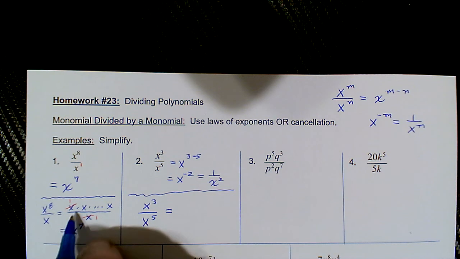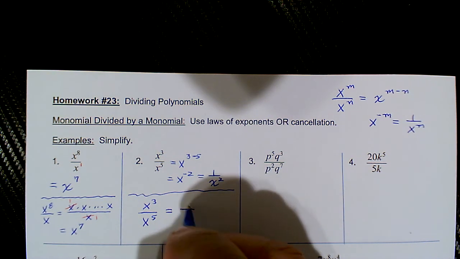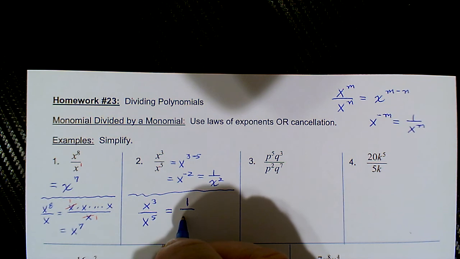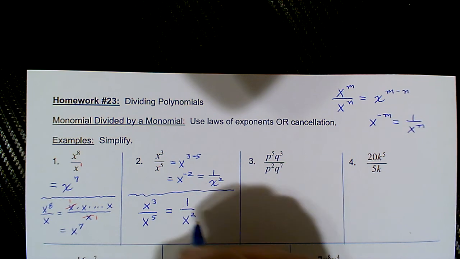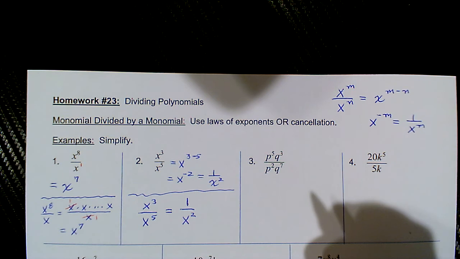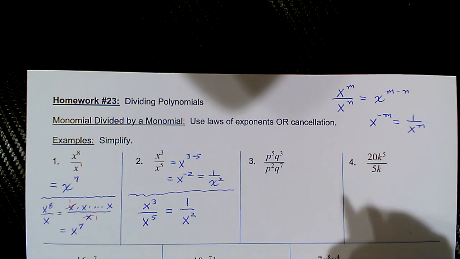And if you cancel out 3 common factors, you're left with a 1 in the numerator, and you're basically subtracting 3 factors of x. You're taking away 3 factors of x from x to the 5th, and you're left with x squared. So you're still subtracting the exponents, but you're doing it in a more advantageous way to avoid the negative exponents.